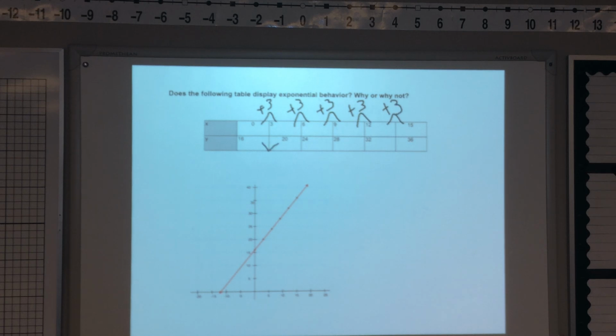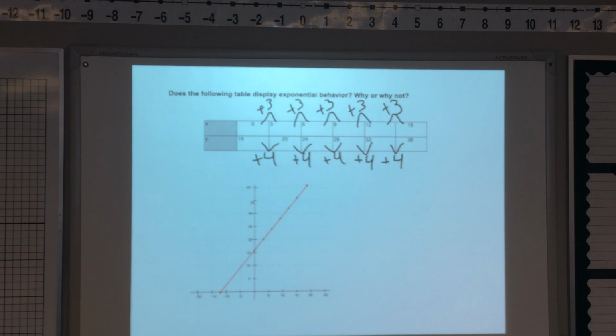But our y's, from 16 to 20, I have no idea what I can multiply to get there. So before I figure out anything multiplication, if you don't have a clue, check for addition or subtraction. Because 16 plus 4 is 20. 20 plus 4 is 24. 24 plus 4 is 28. 28 plus 4 is 32.